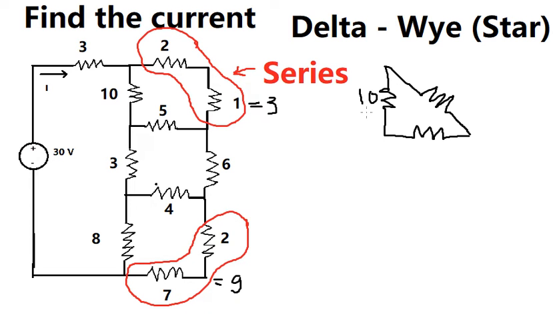Let's say 10 ohms, 5 ohms, and 3 ohms. Now we need to transform the delta into the star. To do this, we can put the star in here, and that will be like this.